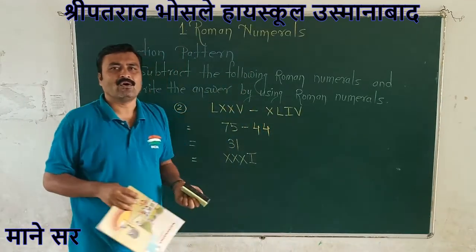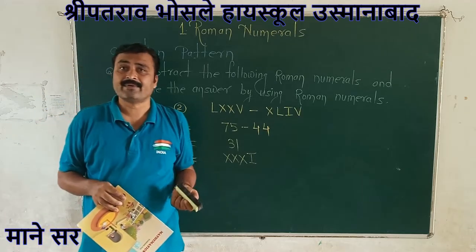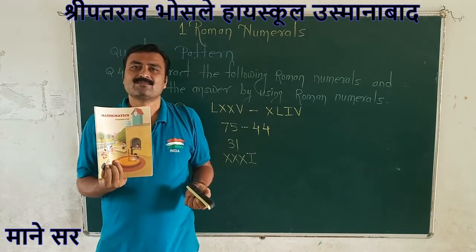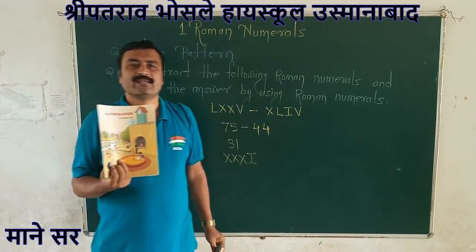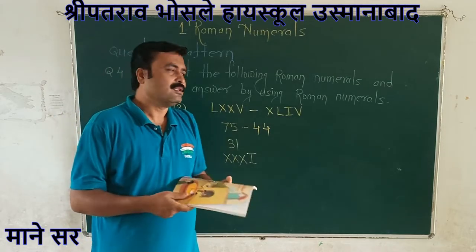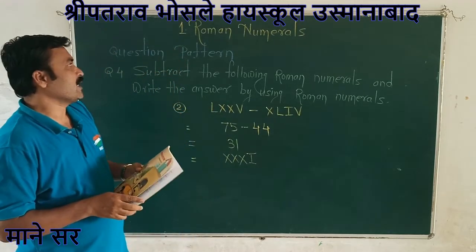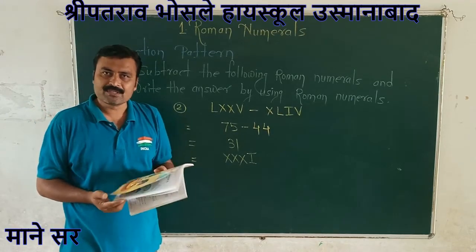By watching all these videos from 1 to 7, you can observe your textbook clearly. You should understand all the information given about Roman numbers easily. We completed all this information up to 7 videos.